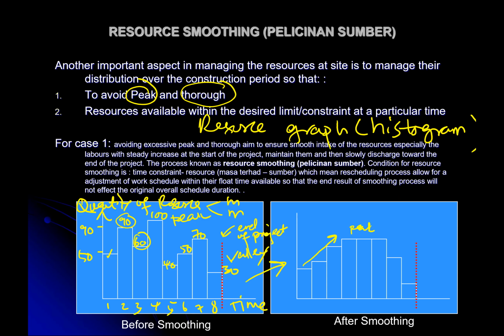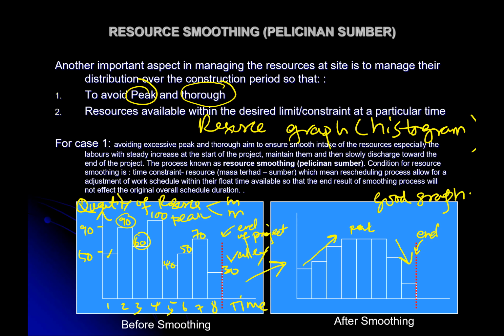The peak of the project is okay, because in real construction work, normally a project will start a little bit slow, then pick up and reach the peak once you have completed the structural work, as in Malaysia. Then you start with the architectural work, then reduce the number of workers. Then the project will end. See, end of the project here. This is what we call a good resource graph. Good graph.